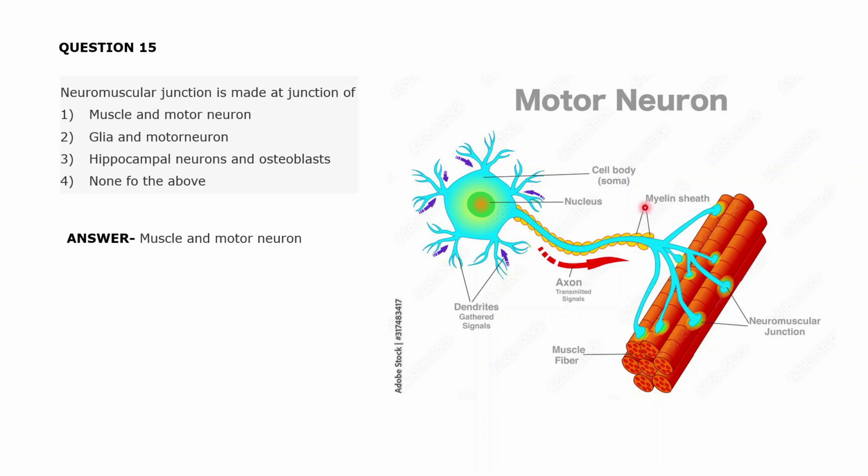And these gamma as well as alpha neurons that are connected to the extrafusal or intrafusal muscle fibers form what is called a neuromuscular junction there, right?